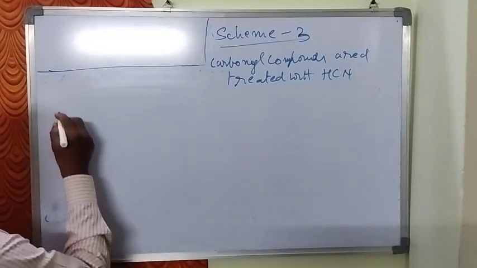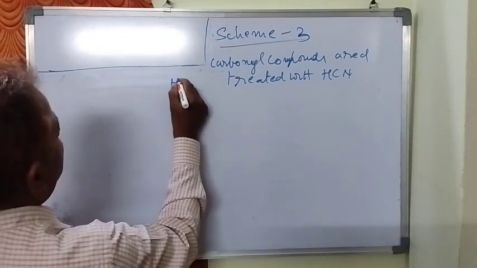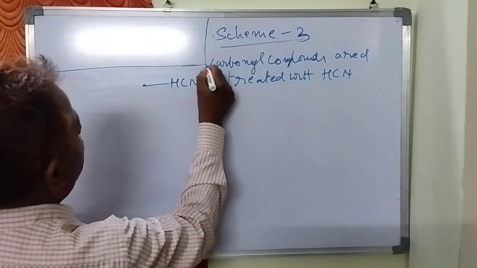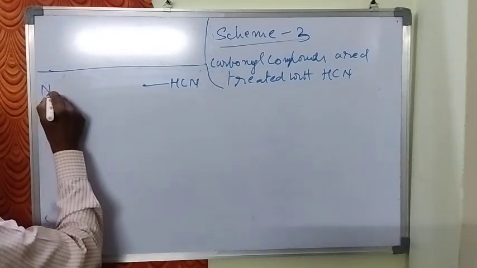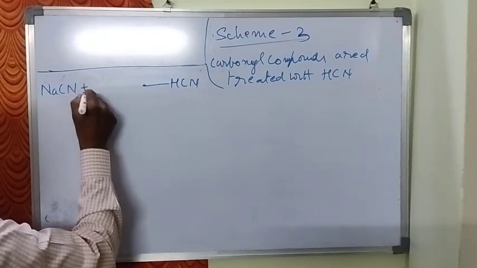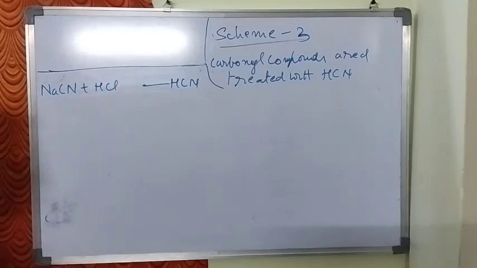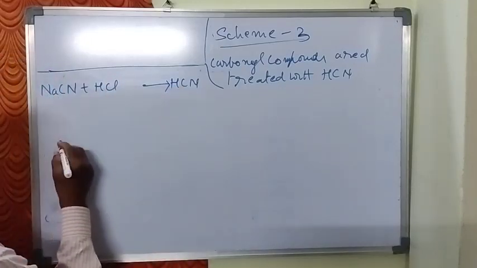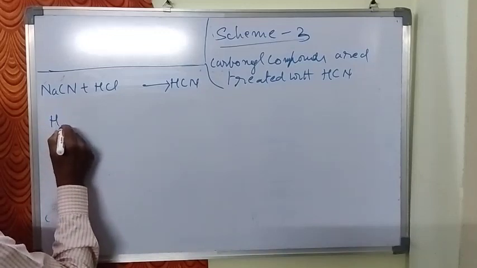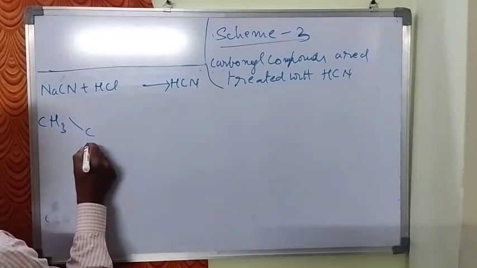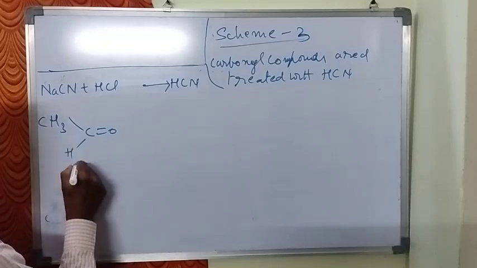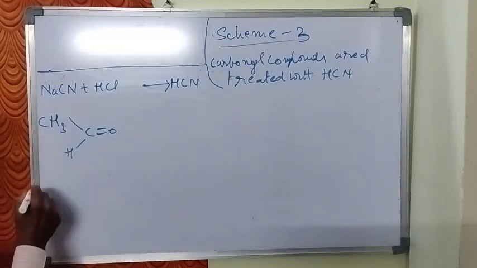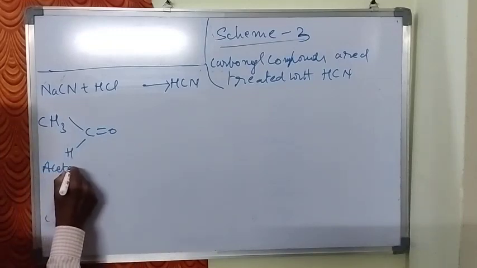Strictly speaking, hydrogen cyanide, HCN, is obtained by reacting sodium cyanide with HCl. When sodium cyanide reacts with HCl, we get hydrogen cyanide. Right. Now, let us add CH3CHO. What is this? Acetaldehyde.